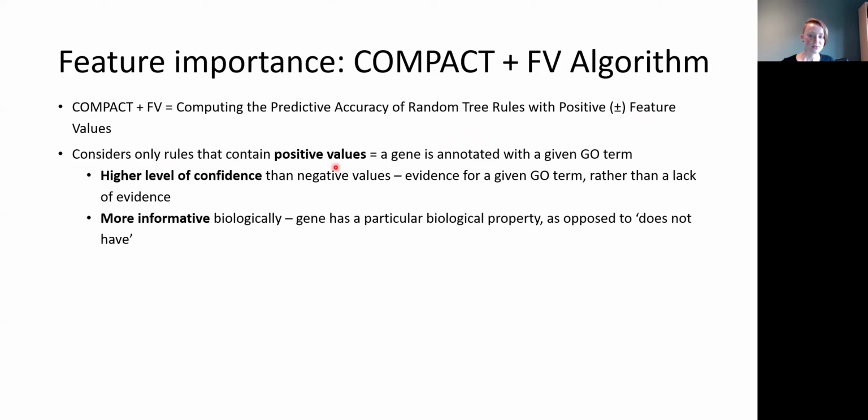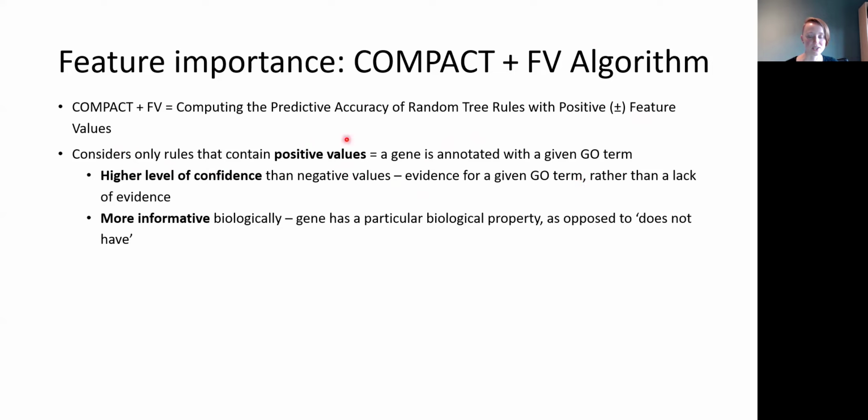In this case, positive values means that a gene is annotated with a particular GO term. And so this is preferable to looking at everything because you have a higher level of confidence associated with positive terms than with the negative terms.